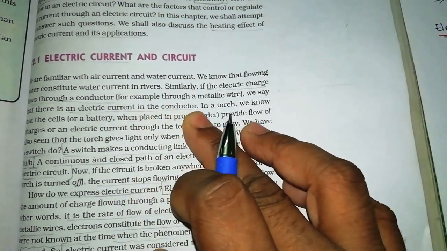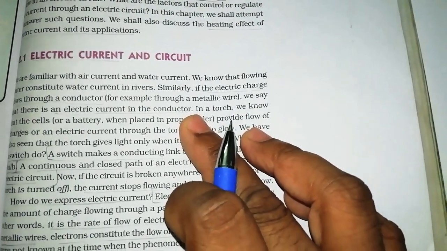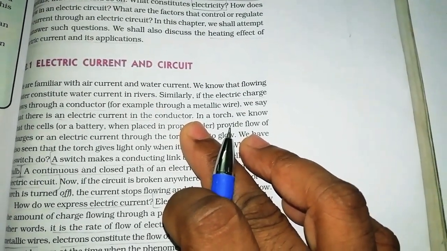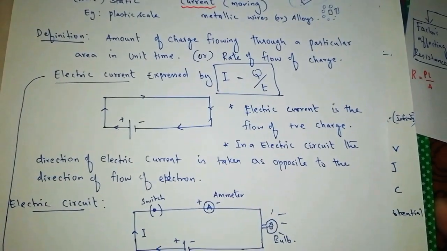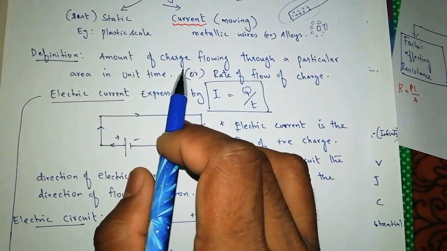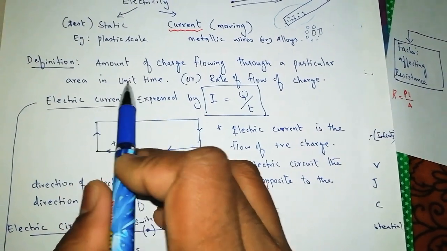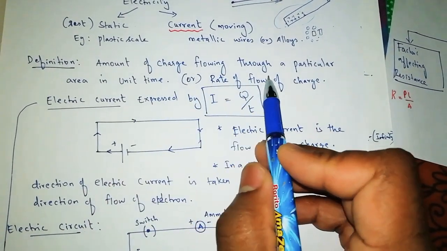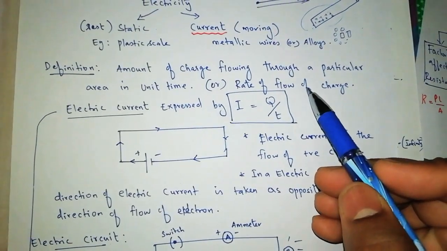That is why we name them as current, or electric charge or electric current. That means they move. Electric current is actually the amount of charge flowing through a particular area in a unit time, or rate of flow of charge. Okay, that is what electric current is.